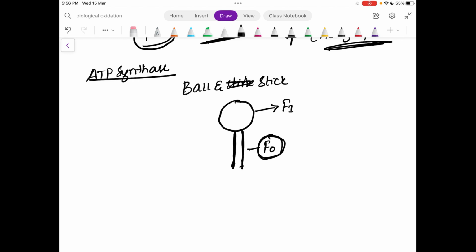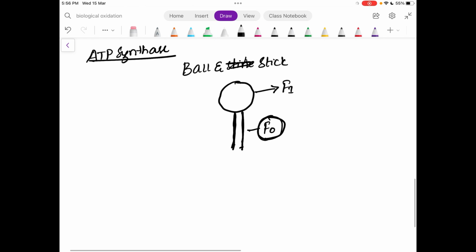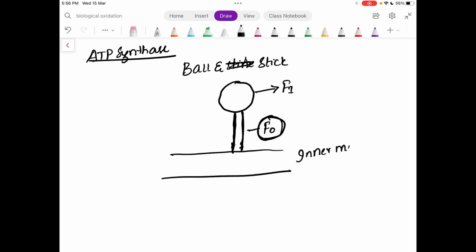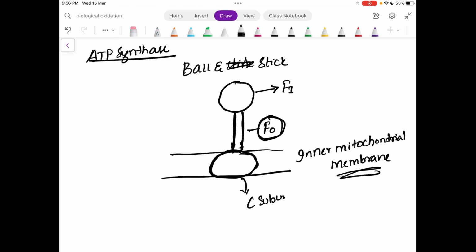This F0 part is embedded into the inner mitochondrial membrane. It contains a proton channel, that is, the C subunit. This C subunit has proton pumping units.